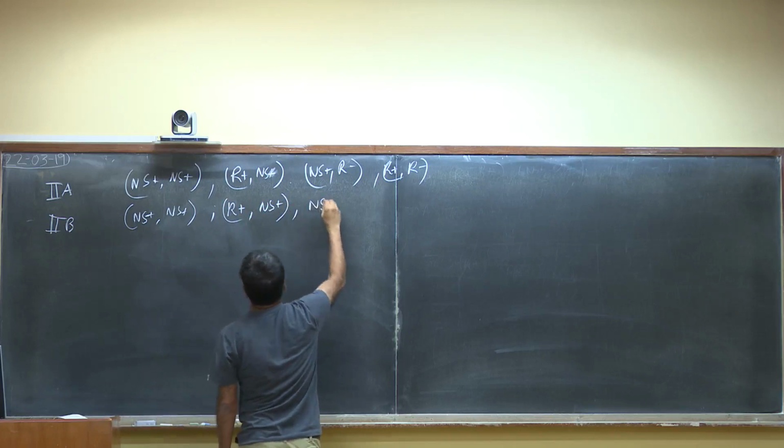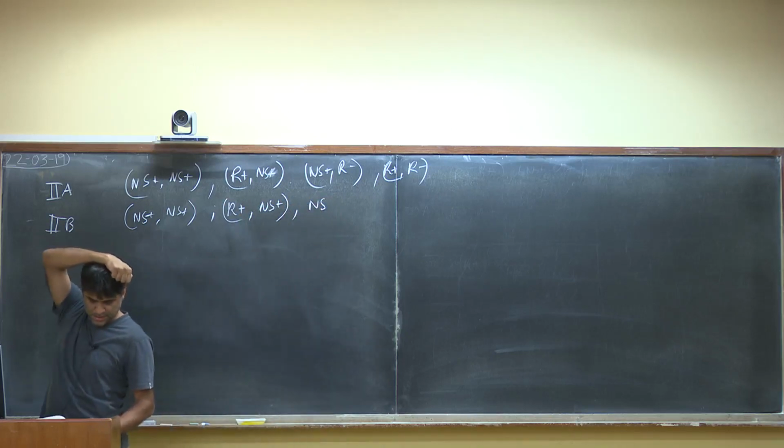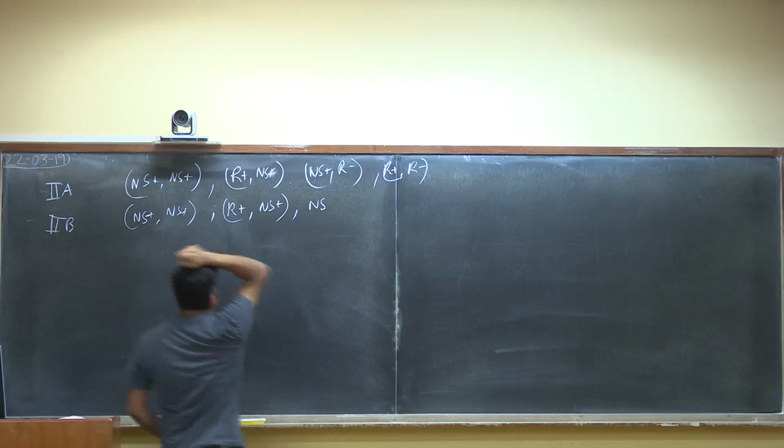Which one is right? And then this one just has plus, and the 2B has plus plus. Yes, the R is a plus plus, exactly.